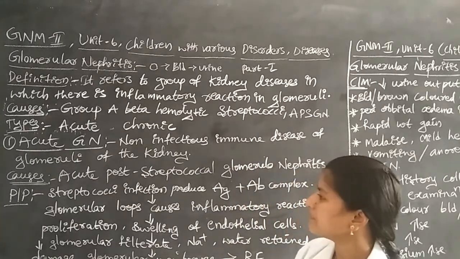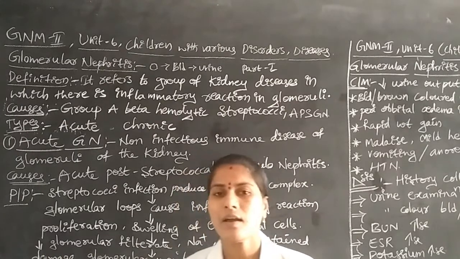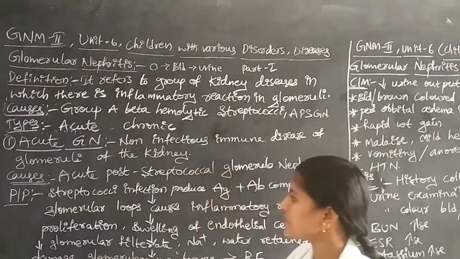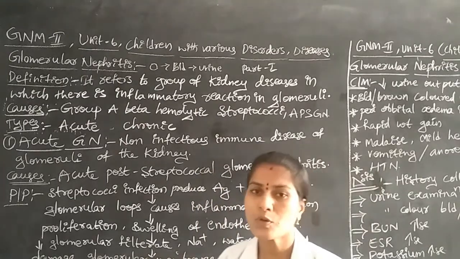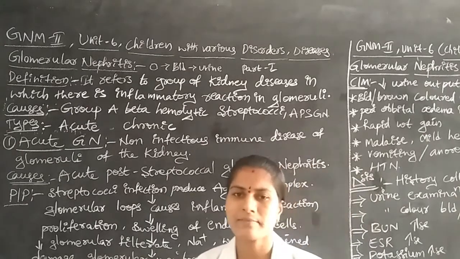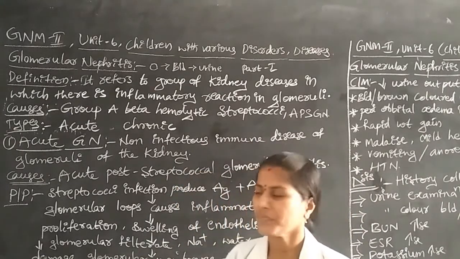What are the major causes? First is acute post streptococcal glomerular nephritis. The main organism is streptococcus.